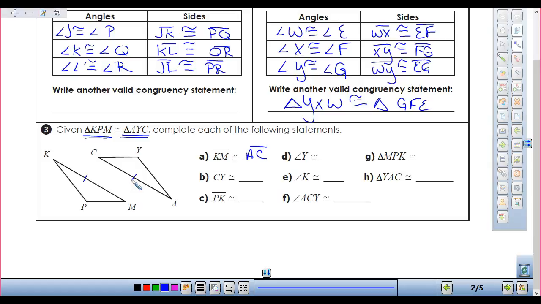CY is congruent to MP. Since I already used one dash, now they use two dashes. PK is congruent to YA. If you're confused, PK is middle first, so you go middle first. Now they use three dash marks.